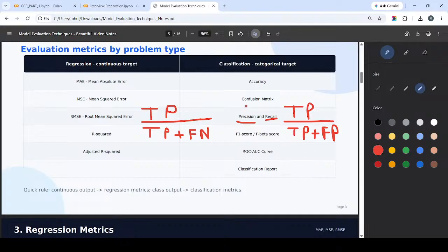Now, when should we maximize precision and when should we maximize recall? If we want to minimize false negative values, in that case we need to maximize recall. Like the cancer patient case we discussed: if our model predicts a patient as not a cancer patient, who in actual has cancer, that is more dangerous.